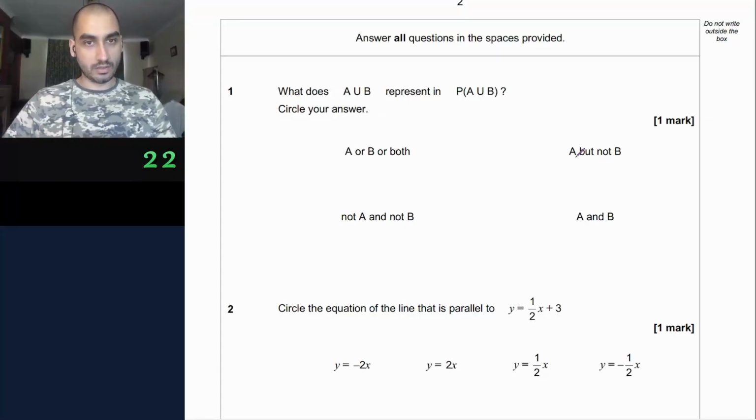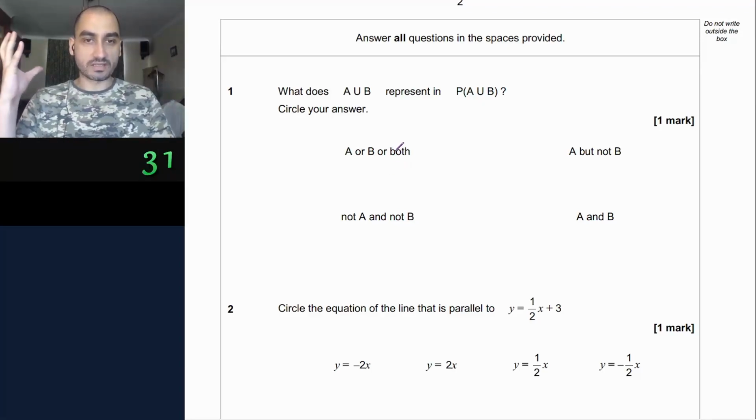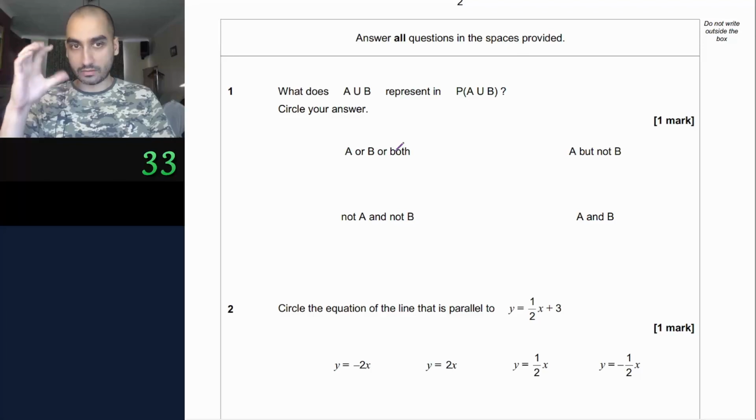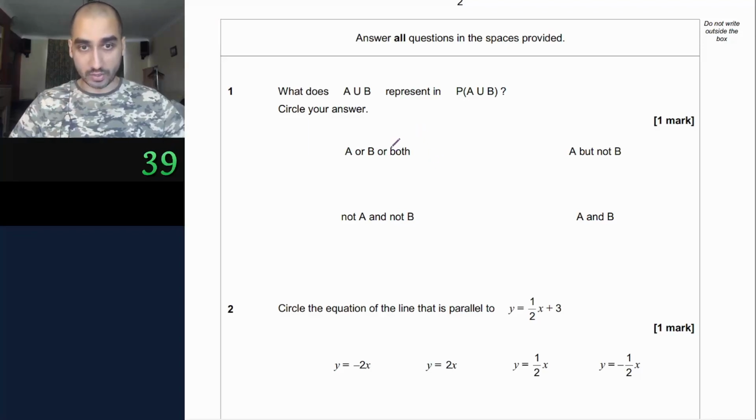All right. What does A union B represent in probability? It means the space of events that satisfy either A or B, a collection of events. So A or B or both.